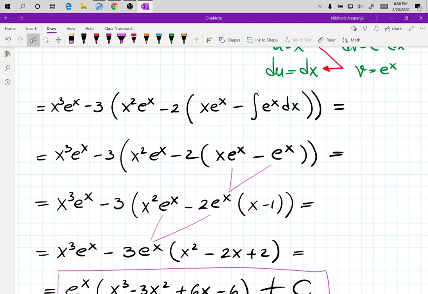The other place where you are going to use integration by parts to solve problems is the differential equations Laplace transform. The formula in that course has integration by parts worked in.